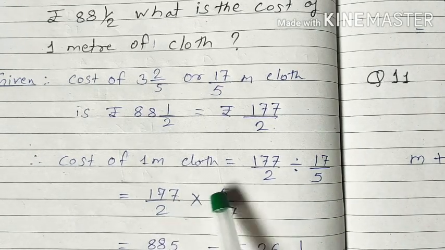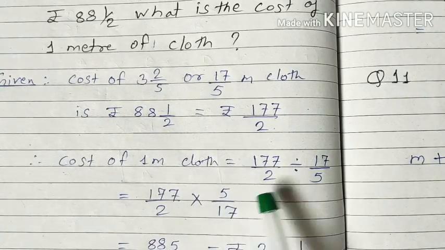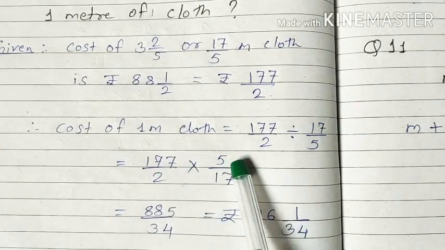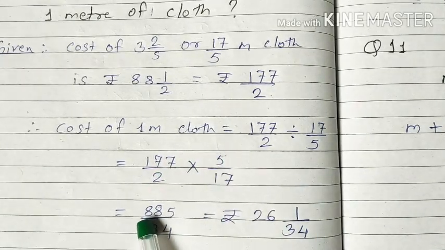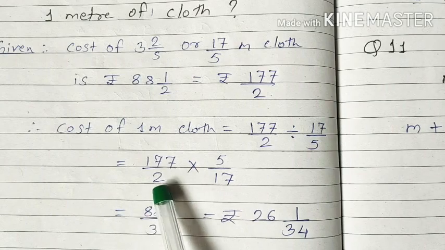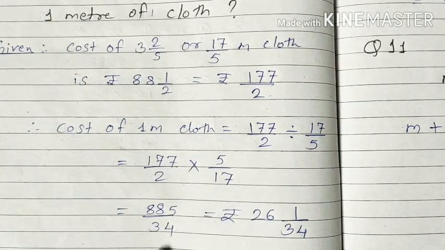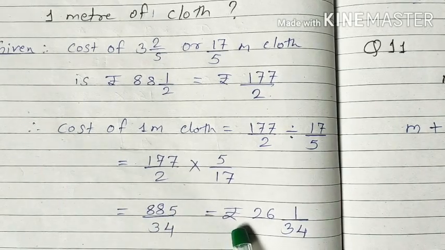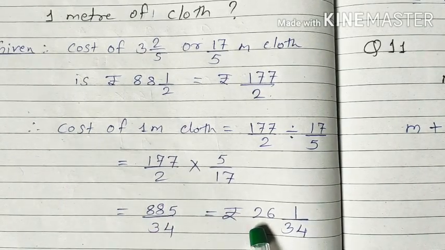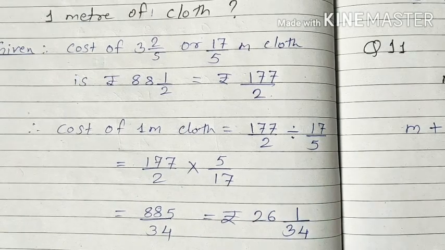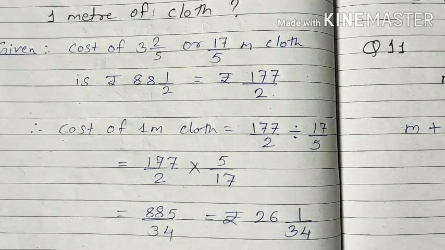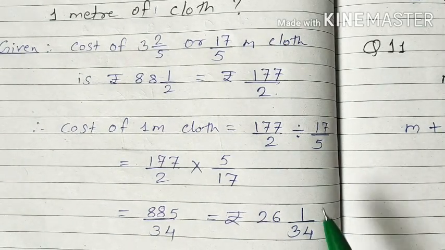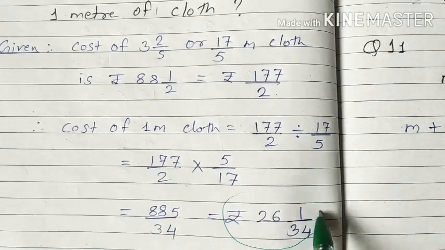Since simplification is not possible there, 177 multiplied by 5 is 885, and 2 multiplied by 17 is 34. To convert it into a mixed fraction, it becomes rupees 26 integer 1 by 34. So the cost of 1 meter of cloth is this.